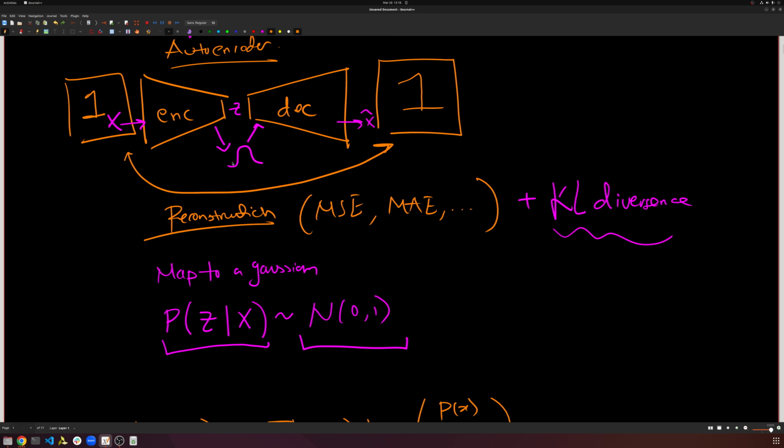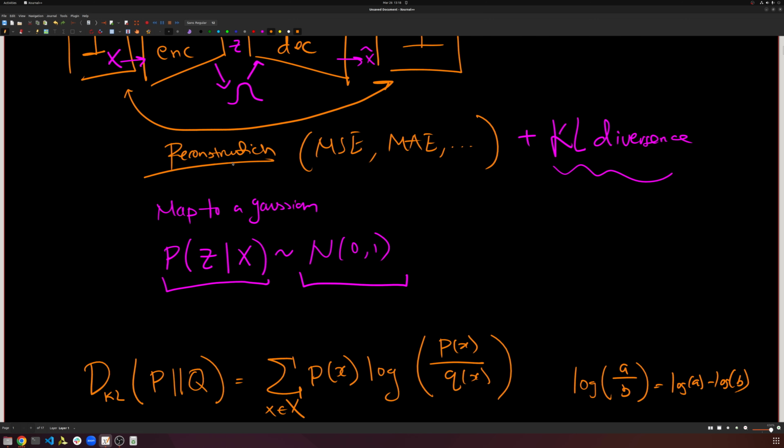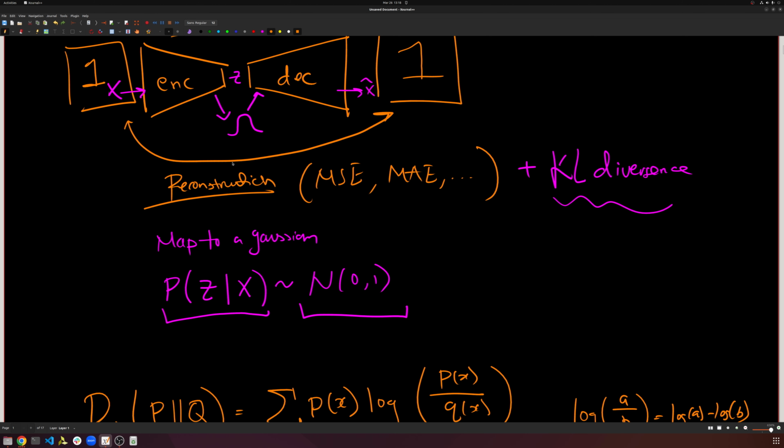So the first step to showing this is figuring out, well, how do we get Z to be standard Gaussian? Well, Z is going to be some distribution, whatever it may be, and we know we want it to be standard Gaussian, so we need a way to measure the distance between the two distributions. And again, there are all sorts of methods out there that you can use to do this, but the most typical one is the KL divergence, right?